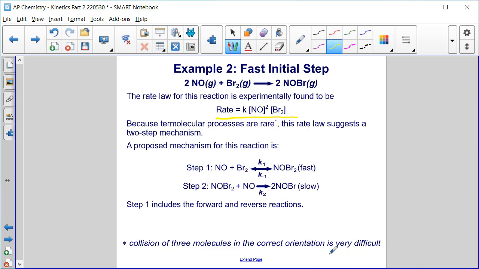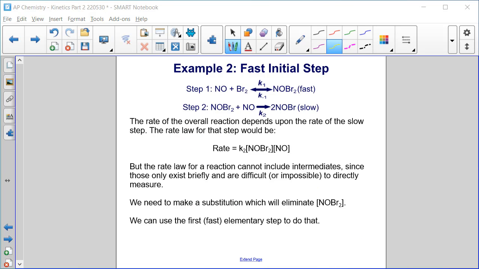A proposed mechanism for this reaction is shown. Step 1, NO plus Br2 produces NOBr2. NOBr2 plus NO produces 2 NOBr. Step 1 includes the forward and reverse reactions.